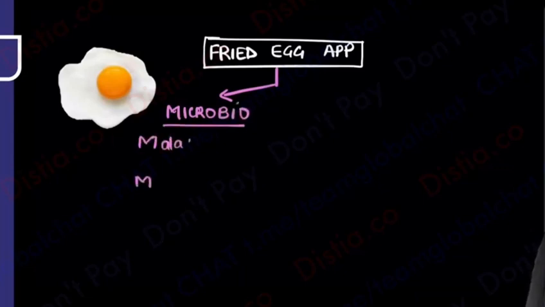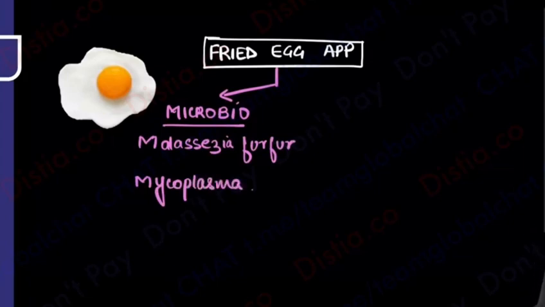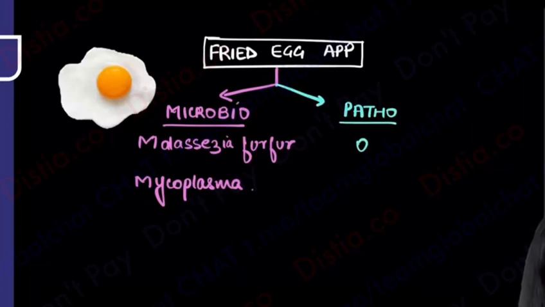The first one we've done right now, that is Malassezia furfur, and I hope you also remember your bacteriology section where mycoplasma colonies are also fried egg. The second one, let's talk about what you studied in pathology. When we talk about pathology, is there any brain tumor? I think you all remember I gave you a method of learning, that is the brain tumor with all the O's, oligodendroglioma.